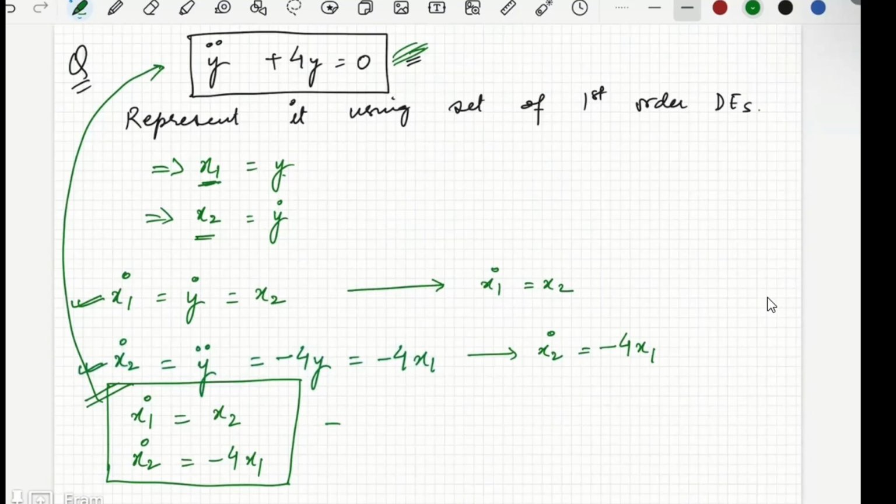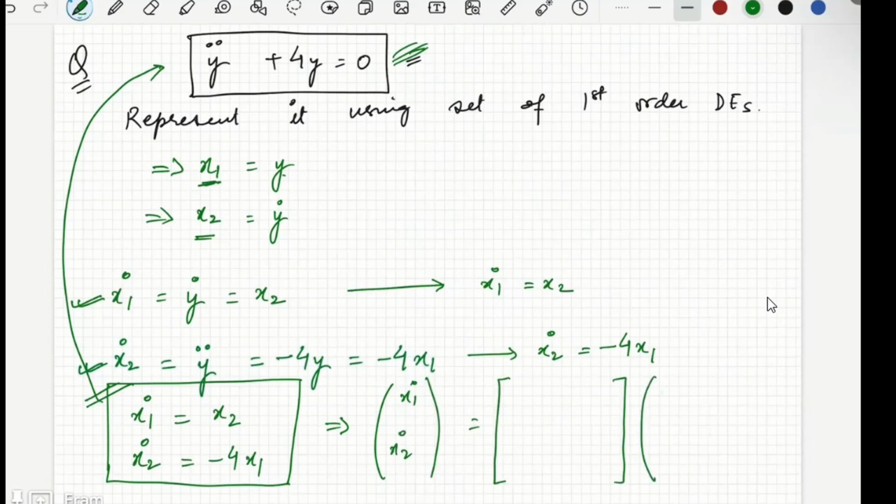And in matrix form, how can we write it? So we have x1 dot, x2 dot, and we have to find this matrix times x1 and x2. So what will be the size of this matrix? Let's first write, then we will identify the size. So x1 dot is x2.